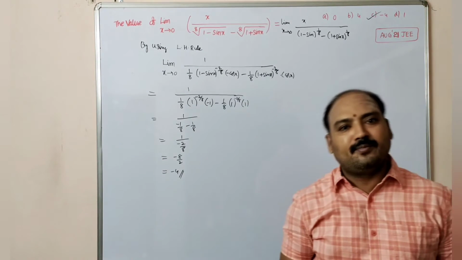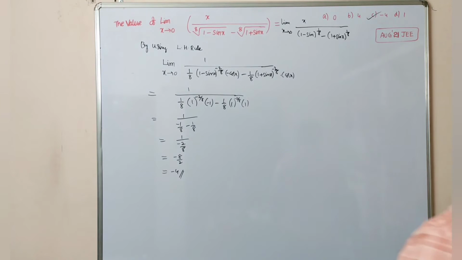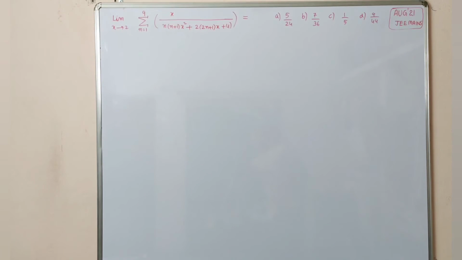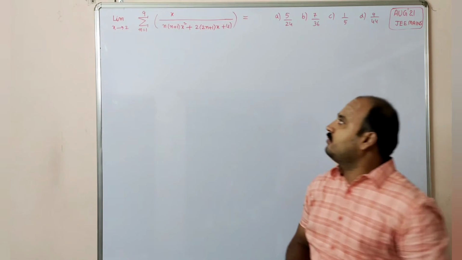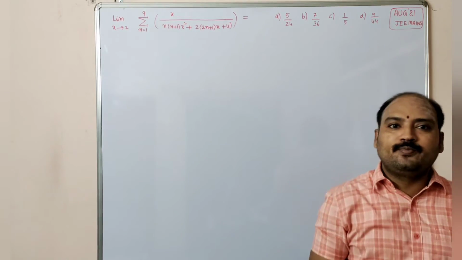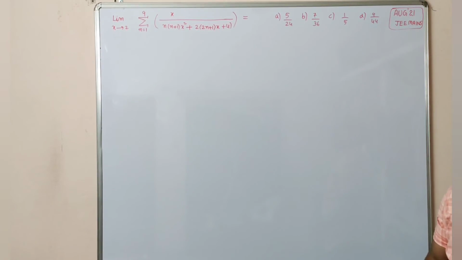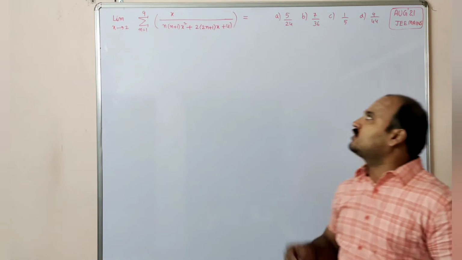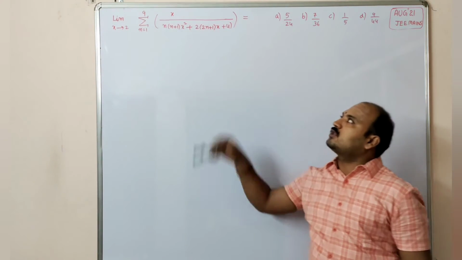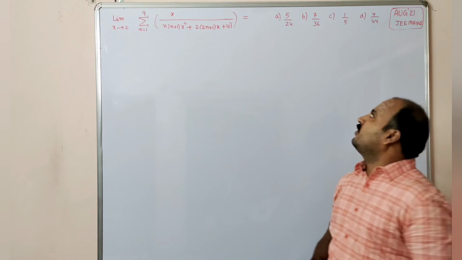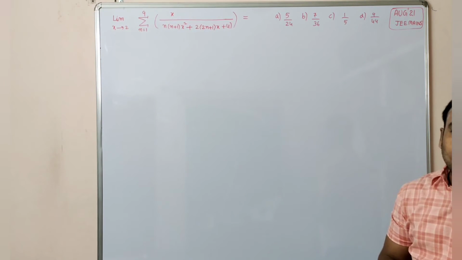We will move to the next question, dear students. The next question: limit x tends to 2, sigma n is equal to 1 to 9, x by n into n plus 1 into x square plus 2 into 2n plus 1 into x plus 4 equals. These are the options.